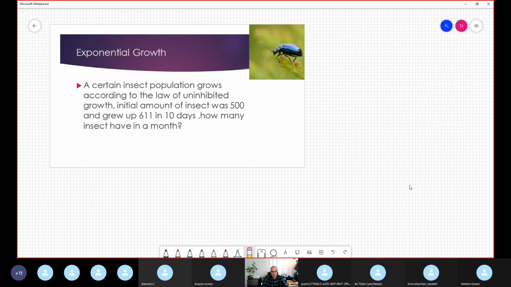Exponential growth of the population of an insect. Microorganisms like bacteria, virus, and maybe insects: the population increases too fast, exponentially, right? So in this problem, we are talking about a certain insect population growing according to the law of uninhibited growth.